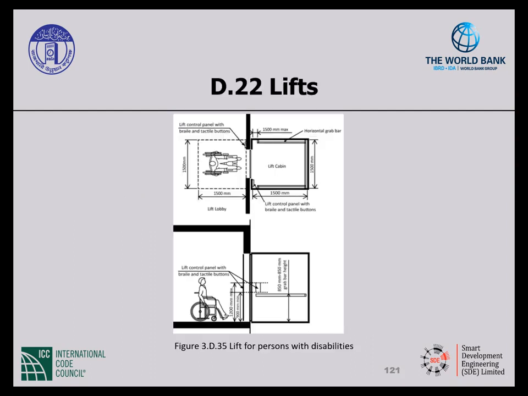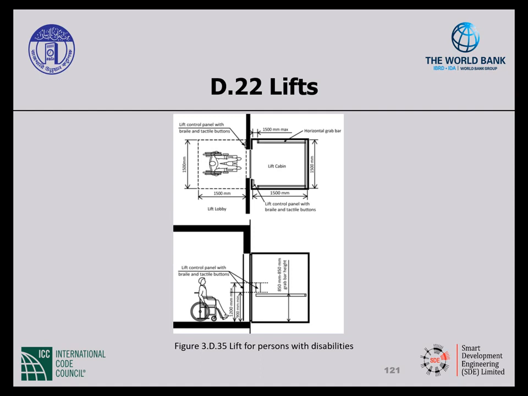Lifts. If a lift is required in a building, at least one shall be accessible and shall have service at the entrance level. Should provide a lift lobby on the outside of the car, a minimum 1500 by 1500 millimeters square. The lift car shall be a minimum 1500 by 1725 millimeters, and the floor finish is smooth and slip resistant.